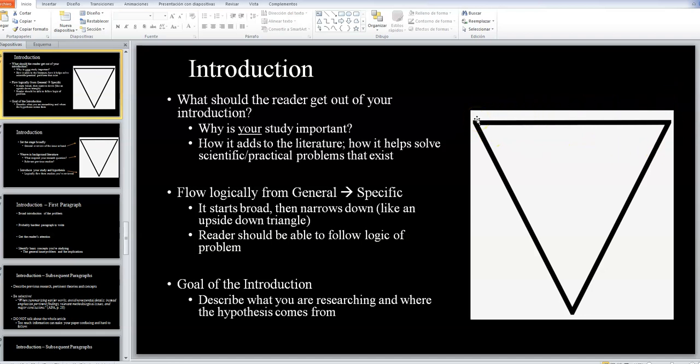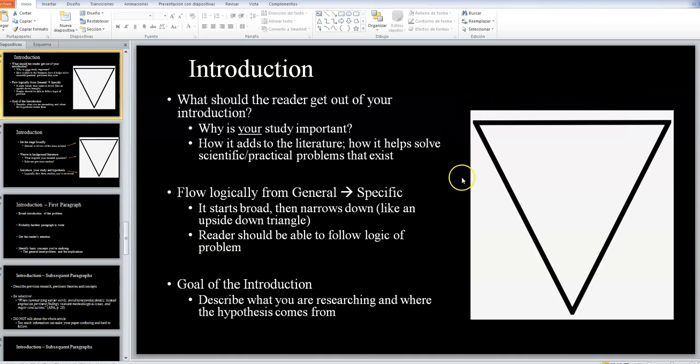So, for example, we're talking about decision making as a juror in the empirical article that we will write. When you start this paper, you want to start talking a little bit about why juror decision making is an important topic of discussion or an important topic of research.